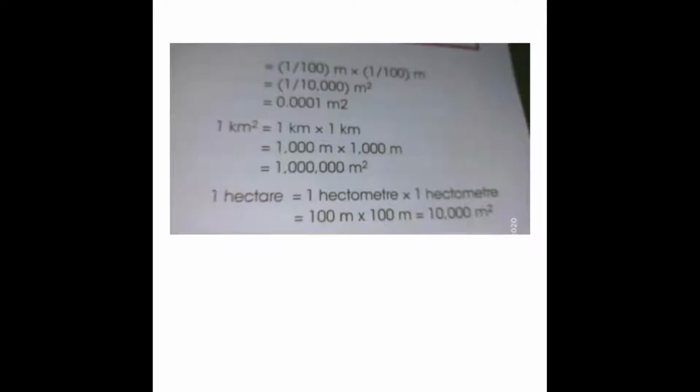Next we have, 1 hectometer square is 10,000 meter square, right? Whether it is true or false we'll see. You see, 1 hectare equals 1 hectometer square, which equals 1 hectometer into 1 hectometer, that is 100 meter into 100 meter, that is 10,000 meter square.